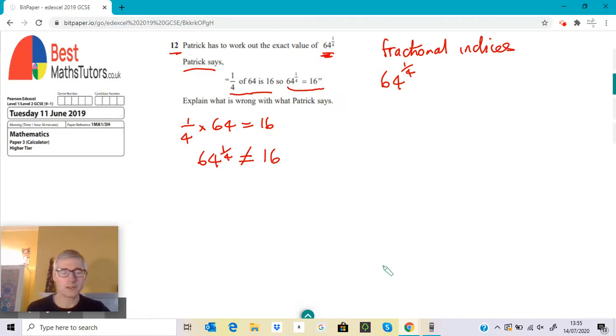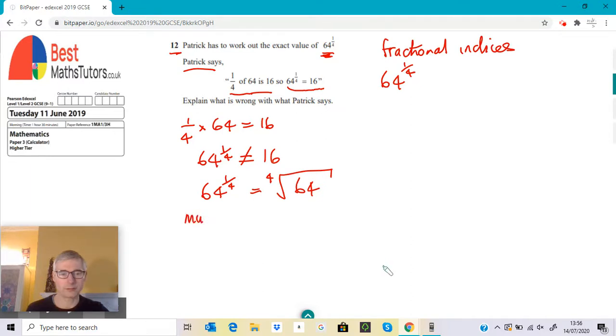Well, in fact, what that means is that it's a root. If the power is at the bottom of a fraction, so we've got 1/4, it actually means that 64 to the quarter is the fourth root of 64, which means we're looking for the number which we could multiply by itself 4 times to give us 64.